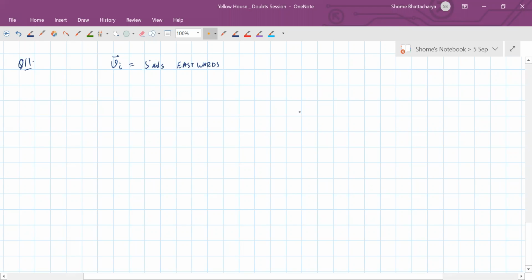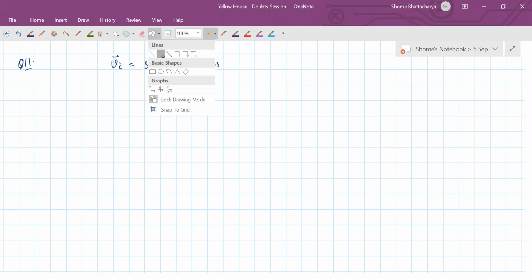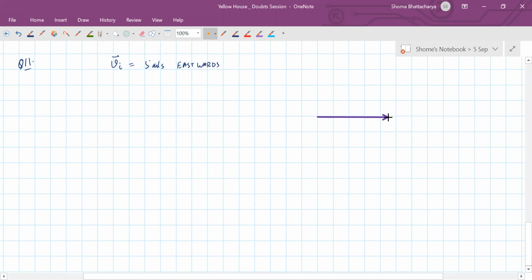You can show the initial velocity vector like this, let's say, towards east. So this is the V initial. Then after a time interval of 10 seconds, it turns and changes to a final velocity, which is 5 meters per second northwards.